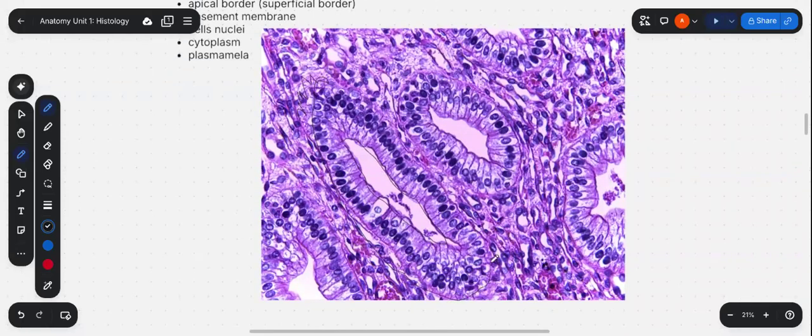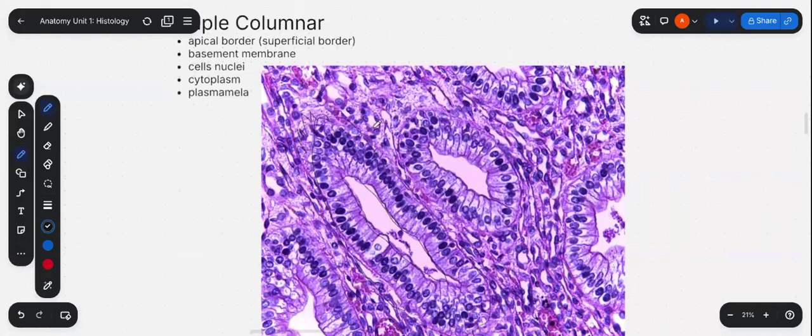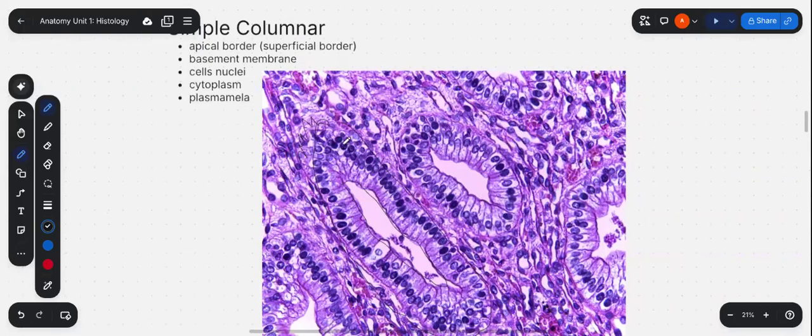So over here as well, this is your basement membrane. Then you have cell's nuclei, which is going to be all of these blue little dots. Cytoplasm is the purple that is around the blue dots, and plasmalemma is the border of each columnar cell.